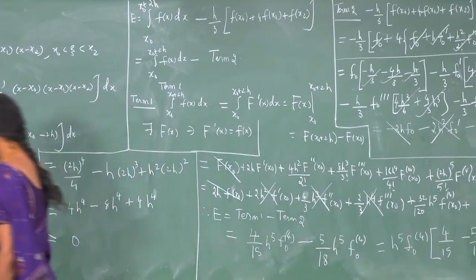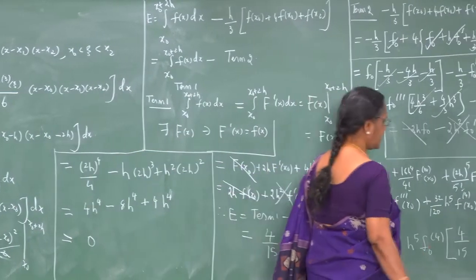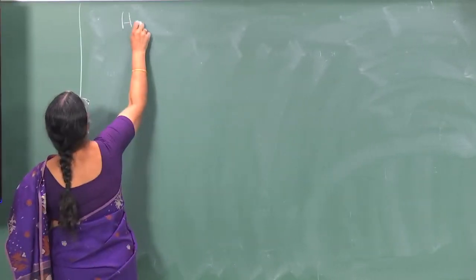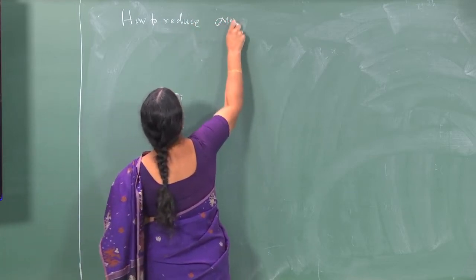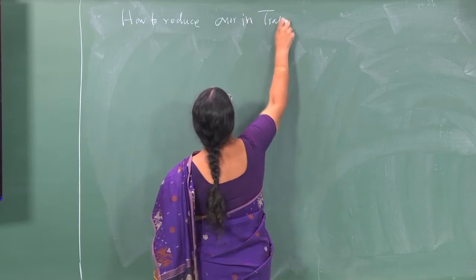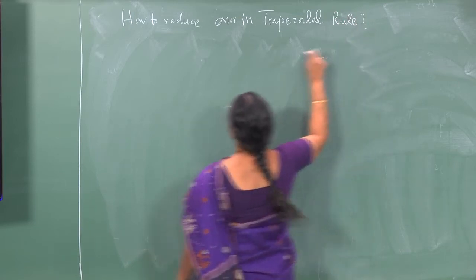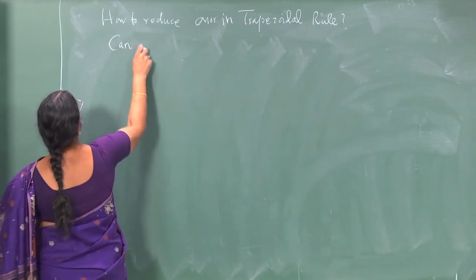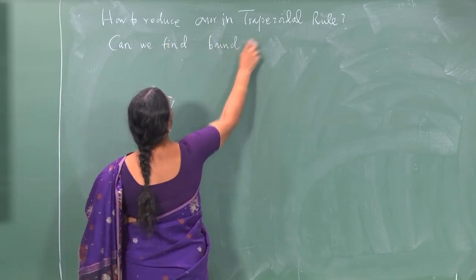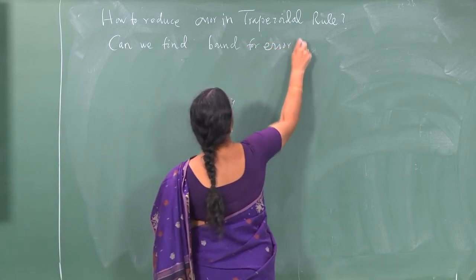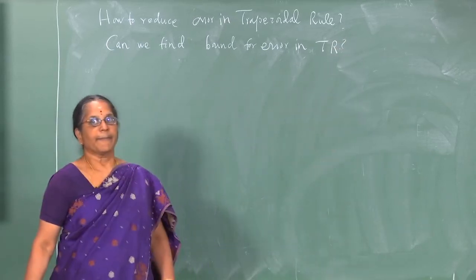The answer is yes, and we will see how we can do it in trapezoidal rule first. So, the question is how to reduce error in trapezoidal rule. So, can we find a bound for error in trapezoidal rule? These are the questions to be answered now.